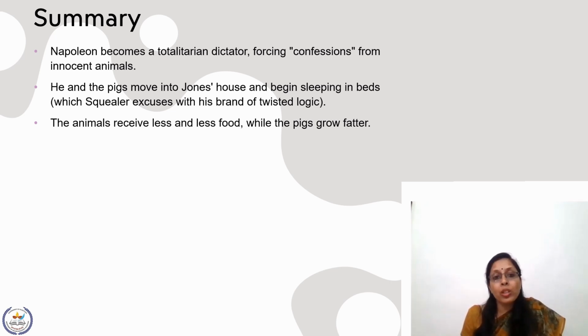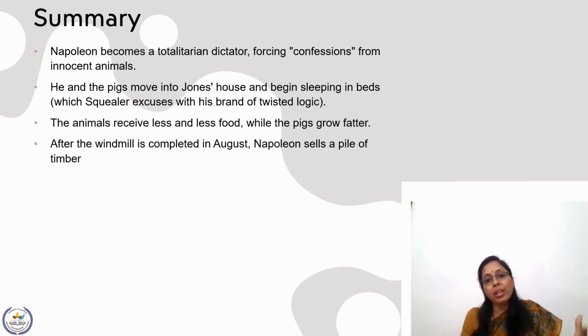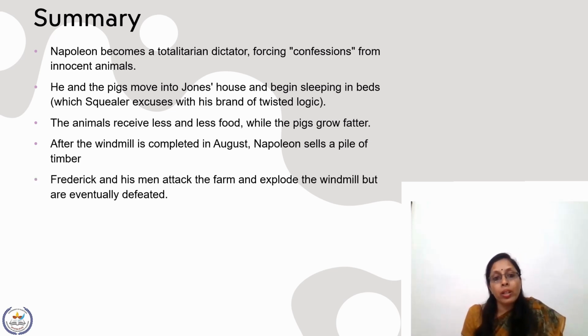Now, after the windmill is completed, Napoleon sells a pile of timber. As I told you, I have talked to you about this incident, that he wants to sell a pile of timber, but Mr. Frederick cheats him, and pays him all in fake currency notes. And after a couple of days of this incident, I mean, after the sale of this timber, Frederick and his men attack the farm and they explode the windmill, but they are eventually defeated.